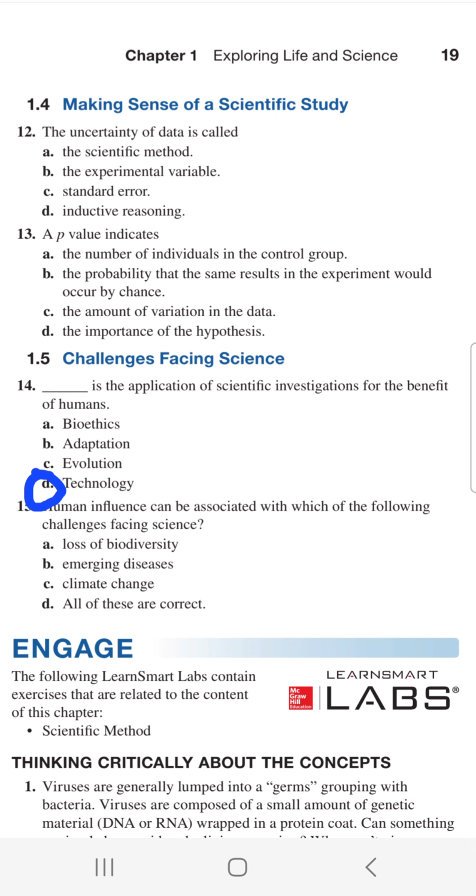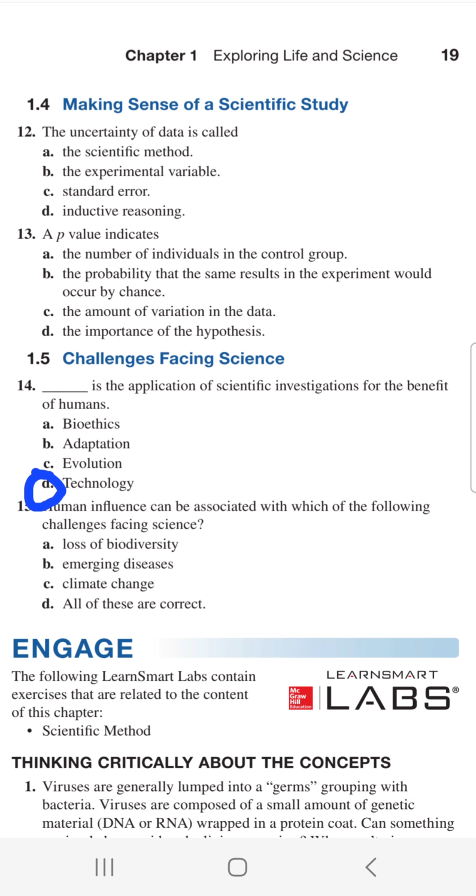So you basically count the pros and cons. Adaptation, we already said, is a process by which an organism uses features favorable to its environment. And evolution is a result of adaptation.